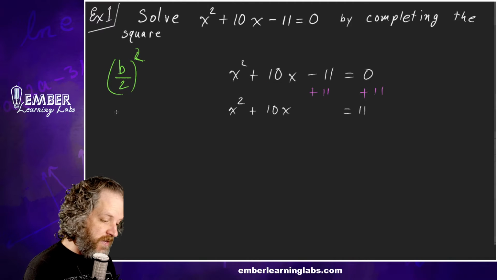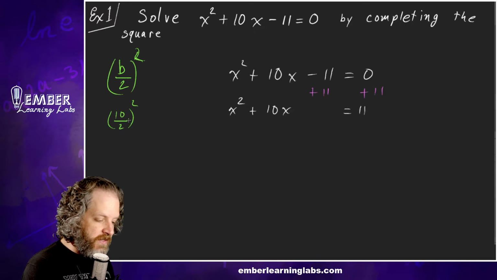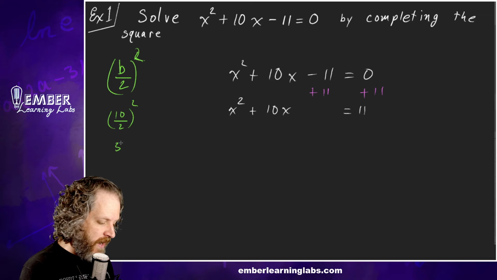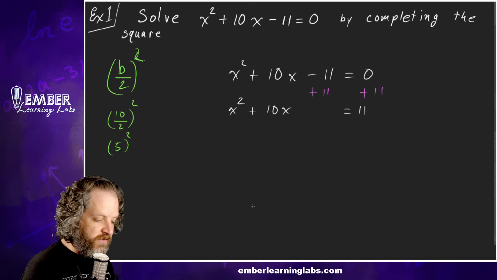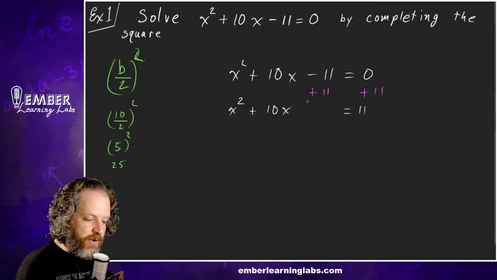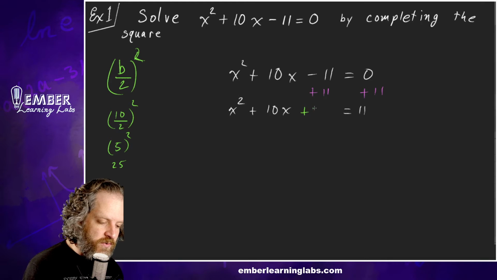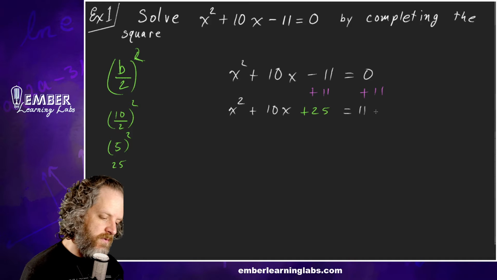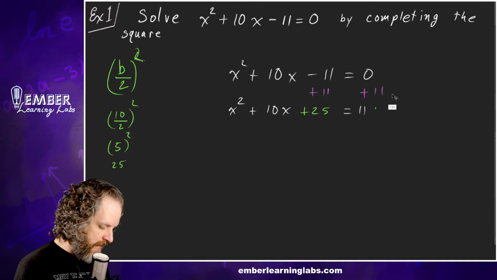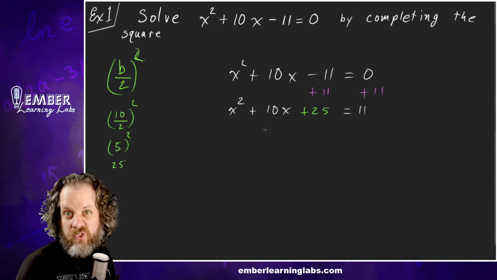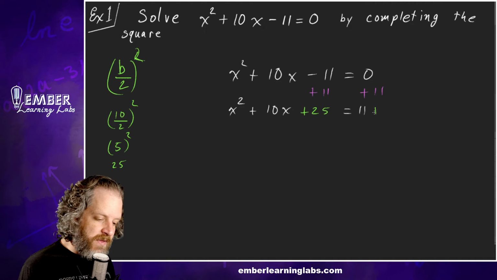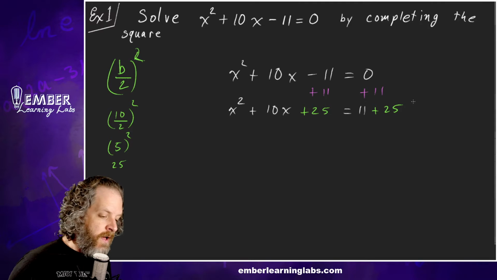In this case, it would be 10 divided by 2 squared. 10 divided by 2 is 5, and then squared would be 25. So we're going to add 25. And if we do that to one side, we can't just do that randomly, right? We've got to do that on the other side as well. So we're going to add 25 over here.